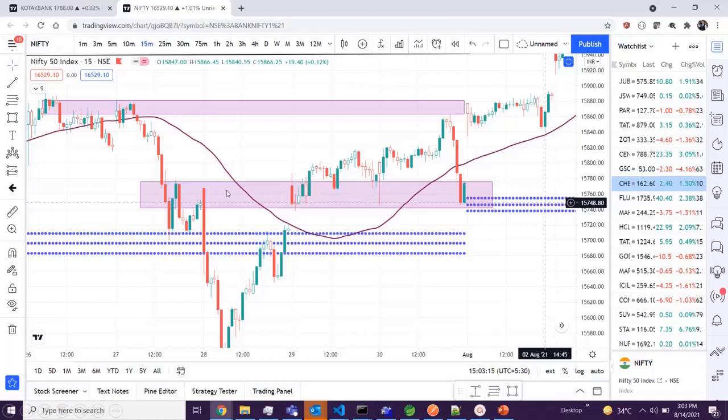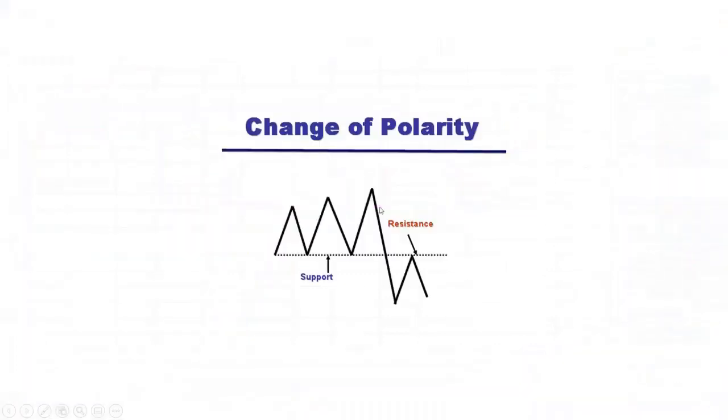So this is known as change of polarity. When price again retests here, you can see there is clearly a rejection from this, and I entered the trade exactly here, and my stop loss was below this. Now let us understand why the stop loss was below this.